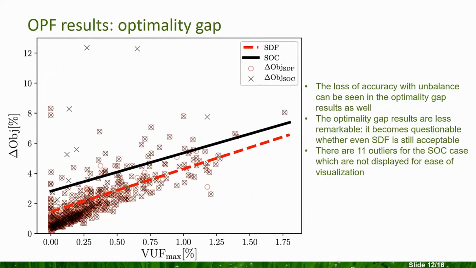For the OPF problems, we can also have a look at the optimality gap. It can be observed that, again, increasing unbalance causes lower accuracy.